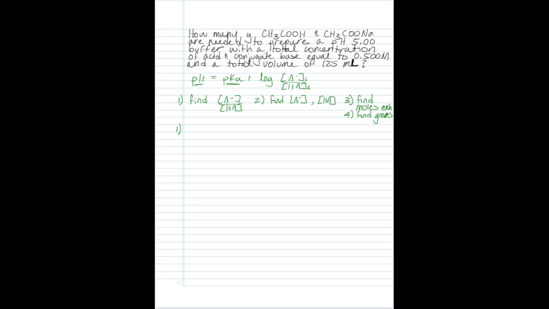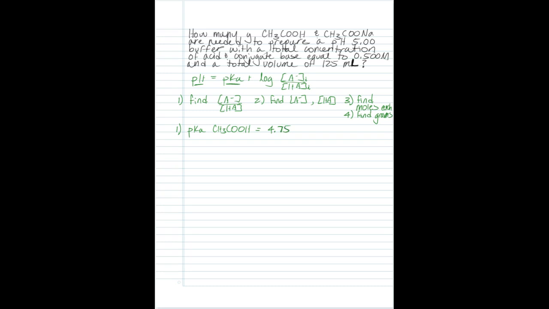And if I look it up, and you'll be given this information on exams, either in the form of a table or just given it in the problem, the pKa of CH3COOH, remember, the pKa's are always for the acid, not for the conjugate base, is 4.75. So that's just something I looked up.